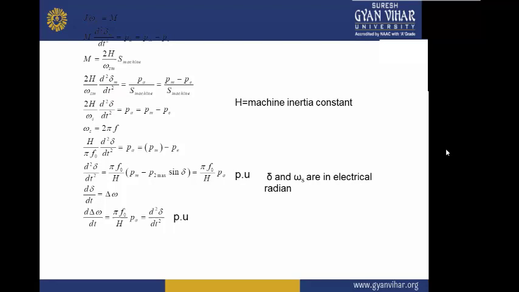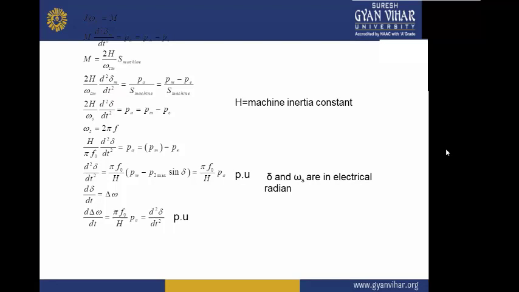If I substitute omega s, the synchronous speed, with 2 pi f, then I will write it as H upon pi f naught into d2 delta by dt square equal to Pm minus Pe. When I solve it and take the left-hand components of H upon pi f naught to the right-hand side, the equation becomes d2 delta upon dt square equal to pi f naught upon H into Pm minus Pmax sin delta.